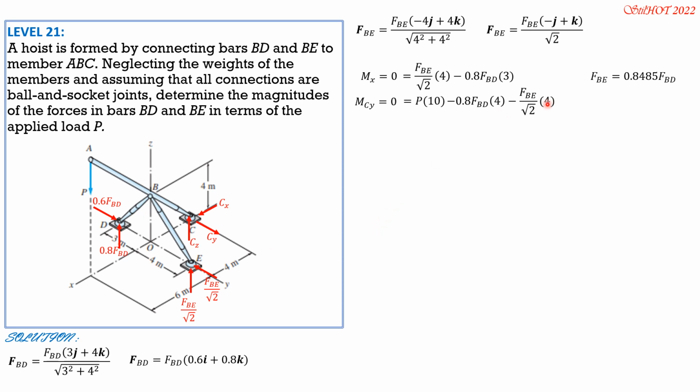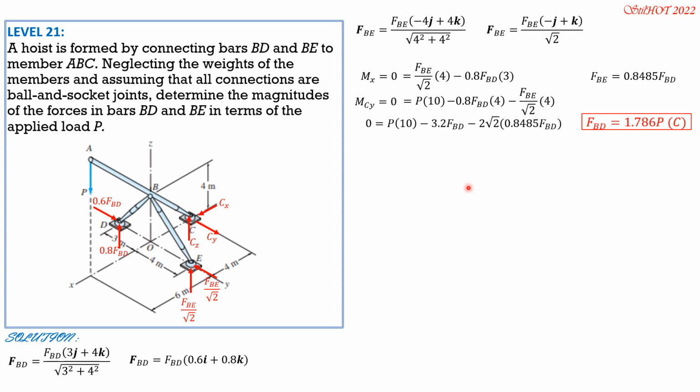Replacing FBE by 0.8485 of FBD, we can now solve for FBD in terms of P. So P times 10 minus 3.2 FBD, 4 over square root of 2 is 2 square root of 2, so minus 2 square root of 2 times 0.8485 FBD.